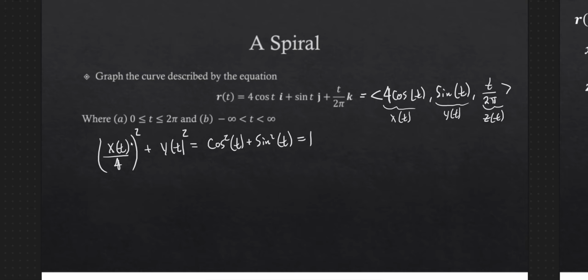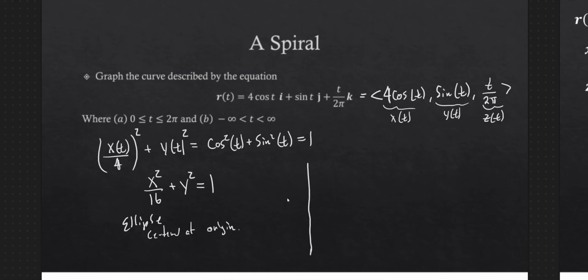So if I expand this out, this is x squared over 16 plus y squared equals 1. We should be able to recognize this now as an ellipse centered at the origin.